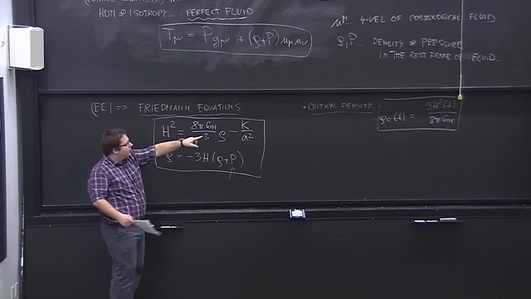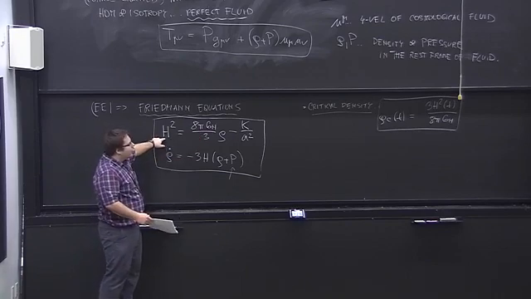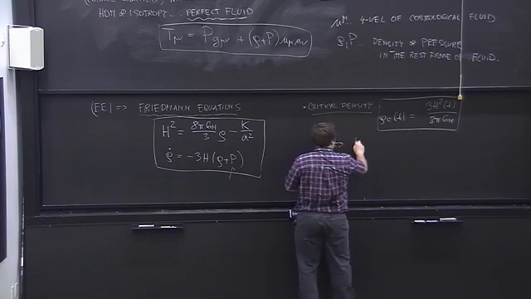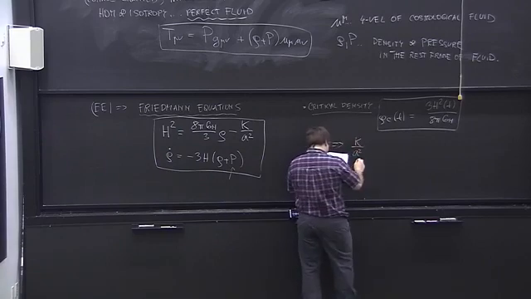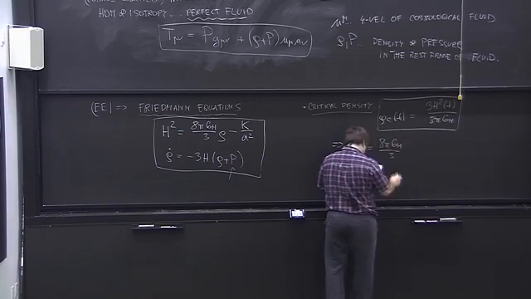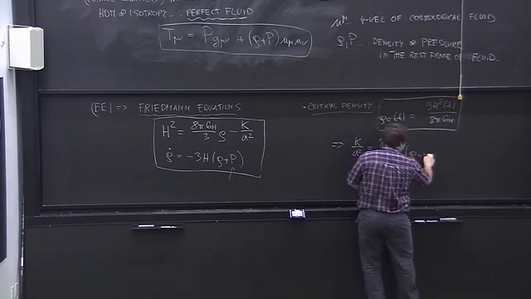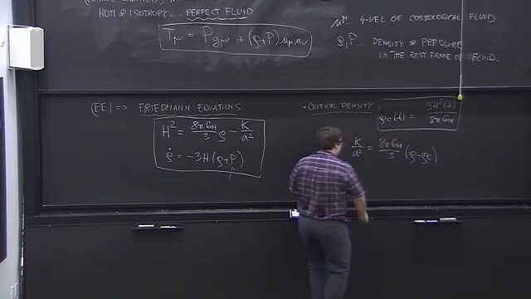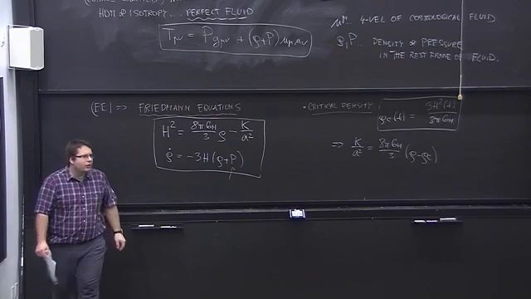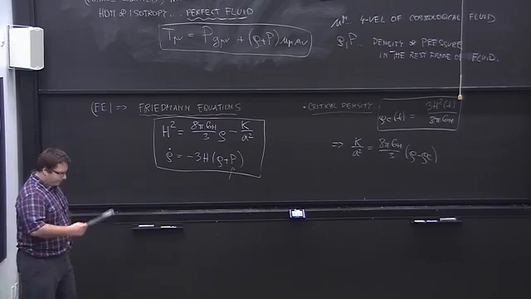Trading H squared for rho c, this equation gives me that k over a squared equals 8 pi G Newton over 3 times (rho minus rho critical). Okay, so that's just the first equation I've written in terms of critical density.